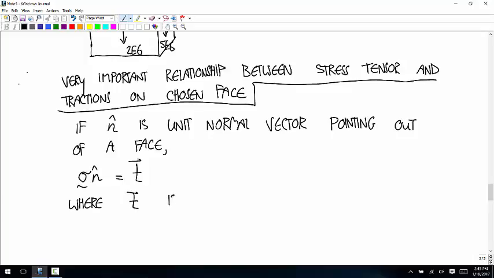So where t is the traction vector on that face.